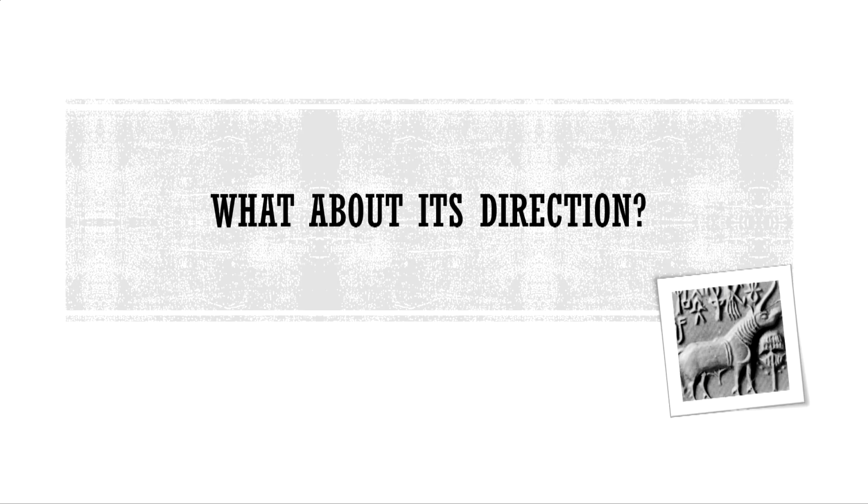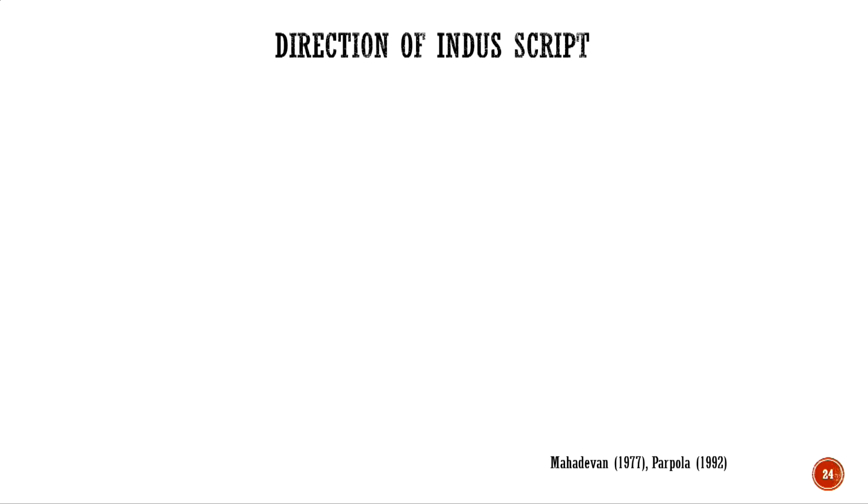So, secondly, let us come to this aspect of the script, that is, what about its direction? Now, suppose I give you a small piece of paper with a line, and I ask you to fit a text sentence on that. You start normally, and suddenly you realize at the end, oh God, I'm left with very little space. What will you do? Exactly.